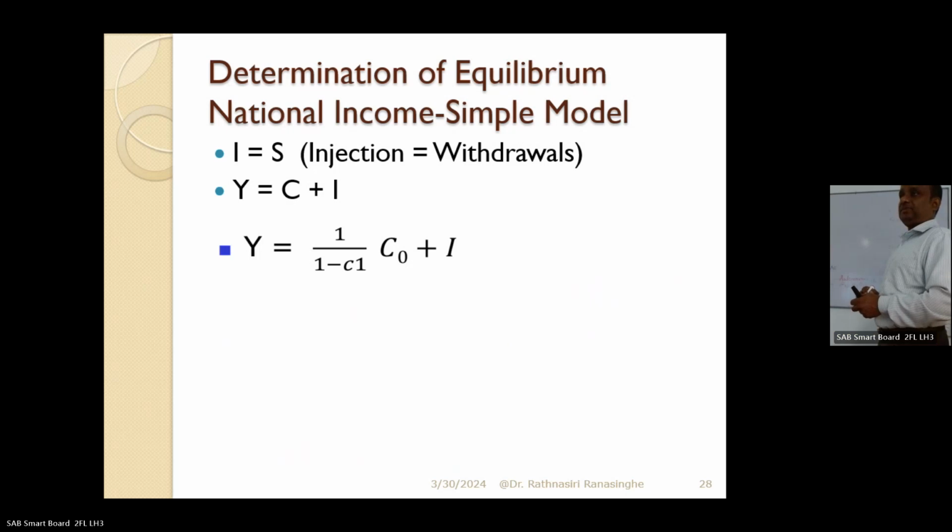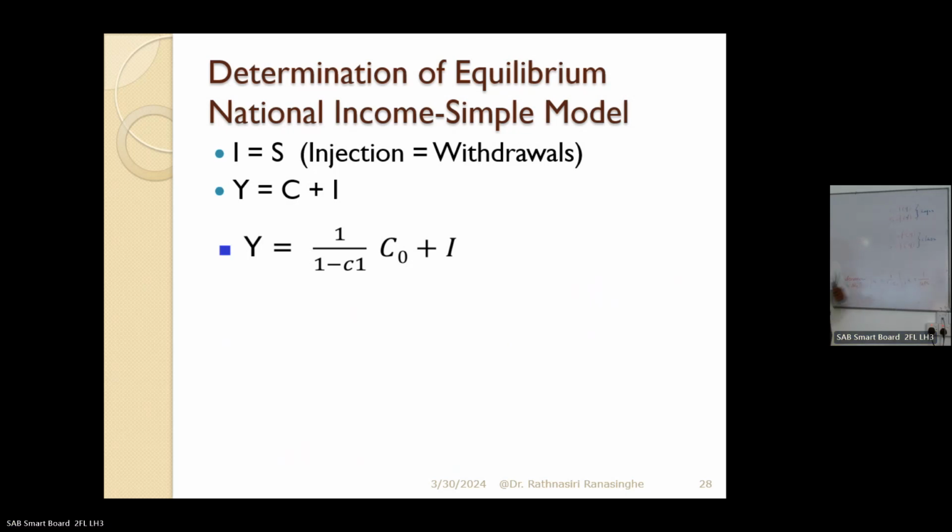Because 1 minus C1 is MPS. So we can write multiplier K equals 1 over MPS. So it mainly depends on C1 or MPS.